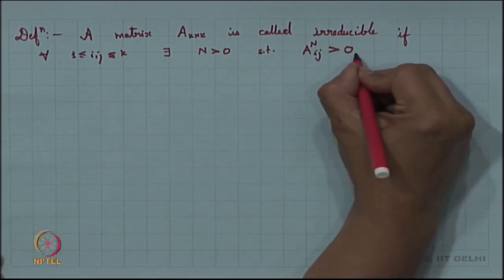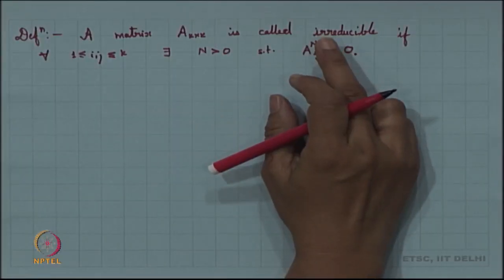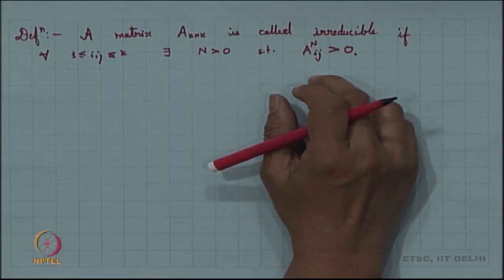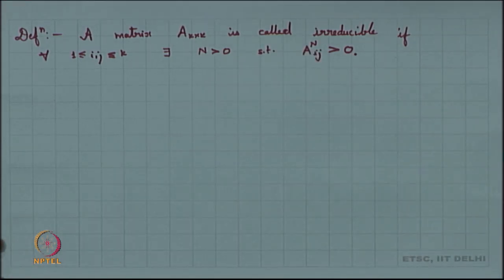So, we say that a matrix is irreducible if for any combination i and j between 1 and k, there would be some n such that the ijth entry of A to the power n is positive. That is what is called an irreducible matrix.